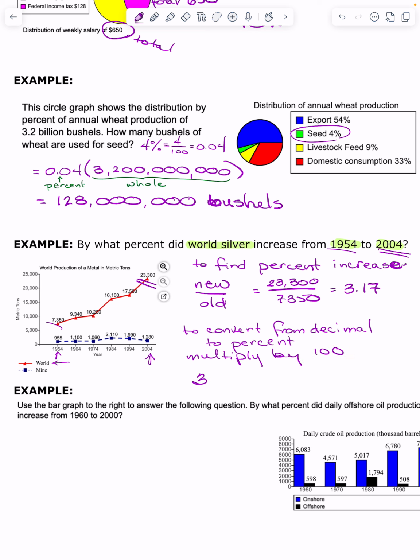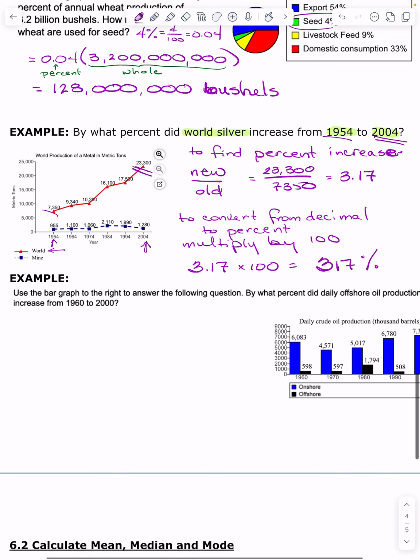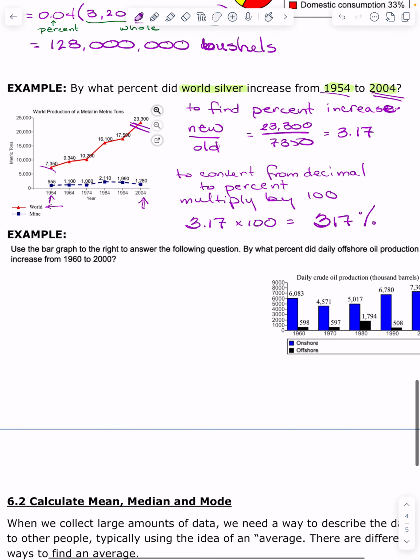So we're taking our 3.17, that's our decimal, we're multiplying it by 100. We get 317%. That means world silver increased over 3 times what it started with.